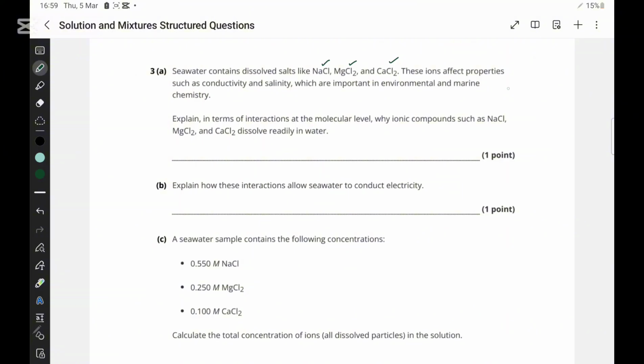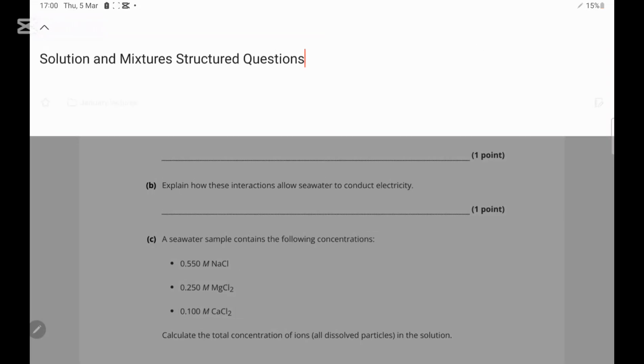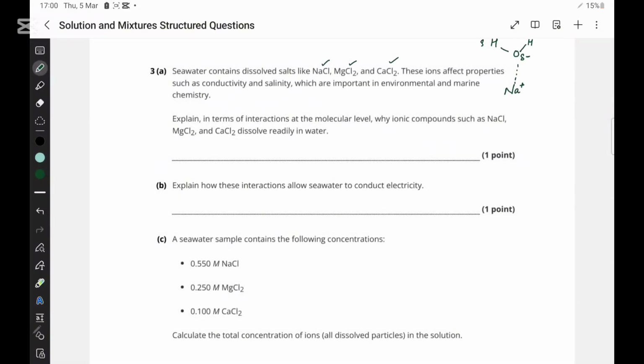As I have told you before, ionic compounds like Na positive are going to develop a force of attraction with oxygen in water, because oxygen has a partial negative charge and hydrogen has a partial positive charge. That is basically ion dipole attraction.